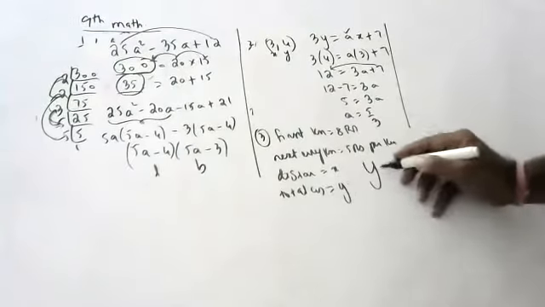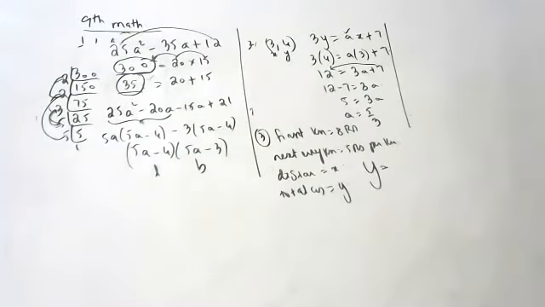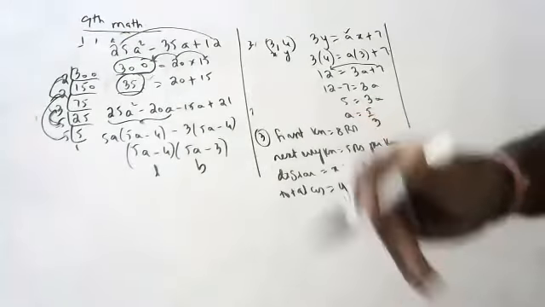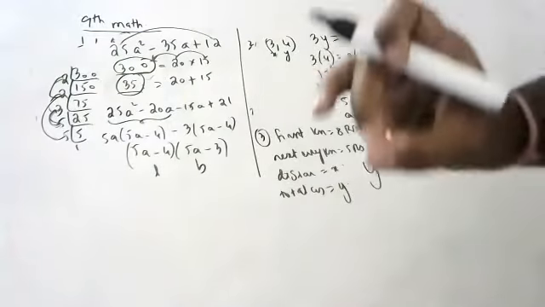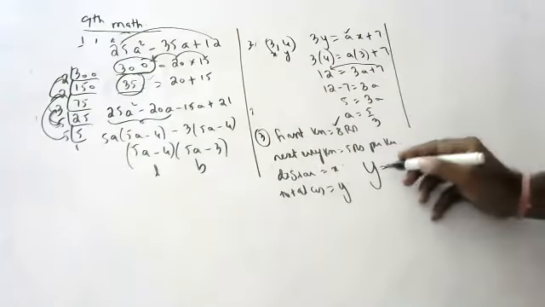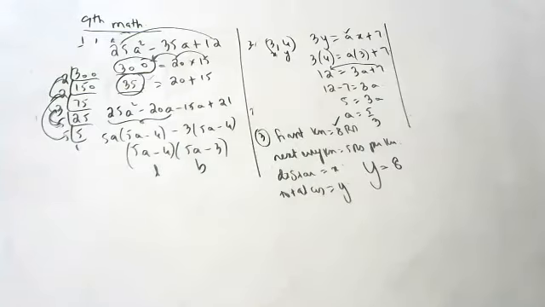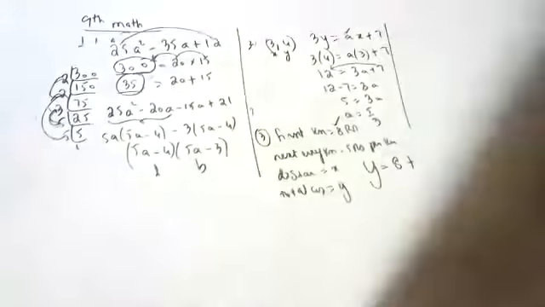So y, the total cost, is equal to, for the first kilometer, whether you travel half a kilometer or 1 meter or 2 meters, if you sit and get down also, compulsory 8 rupees you should give. After that, 8 plus 5x, sir.